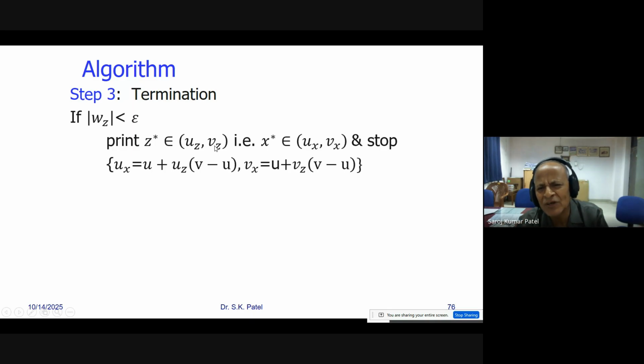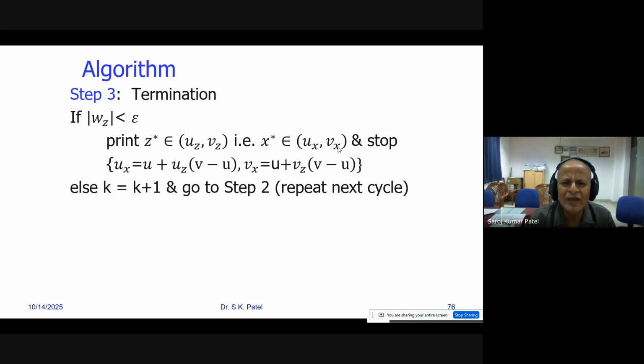And again, we convert it back to x format, ux to vx, using the expression between z and x. This is the end of one iteration. So k is equal to k plus 1. Then we go to step 2 to repeat the next iteration.